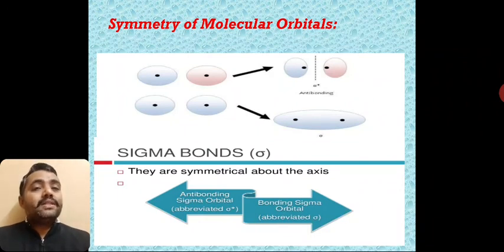The below side is a positive overlap, the above is a negative overlap, therefore it creates a nodal plane, and it does not form a bond, so it goes to the anti-bonding molecular orbitals. The bonding molecular orbital is abbreviated as sigma, and the anti-bonding molecular orbital is abbreviated as sigma star.